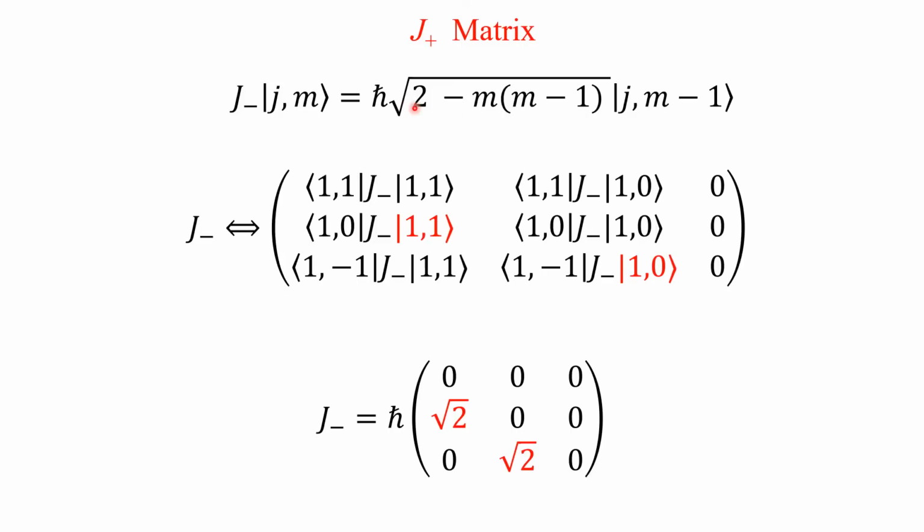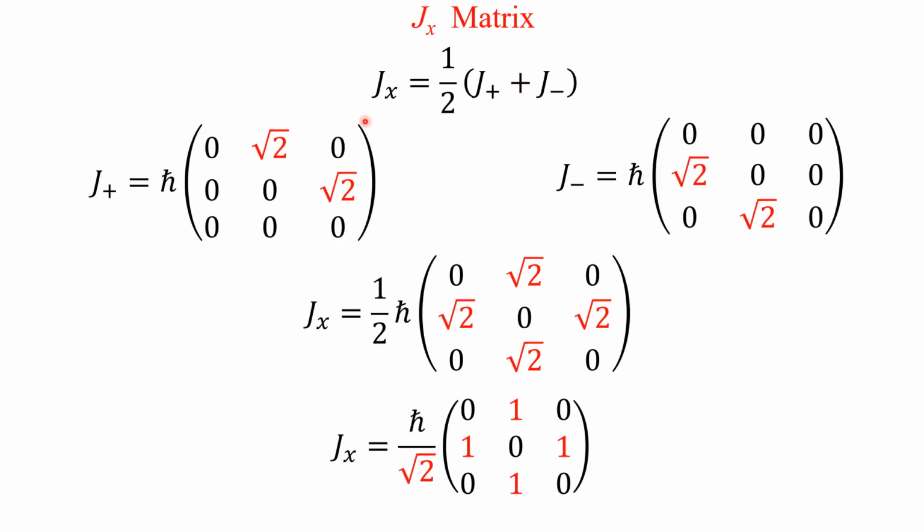Only h cross square root 2 exists. So I have taken h cross, and square root 2 I kept inside. Square root 2. Here one square root 2, and here square root 2. That is second row, first column, second column, second row. So these two only exist. So j minus is equal to h cross 0 0 square root 2 0 0 0 square root 2 0.